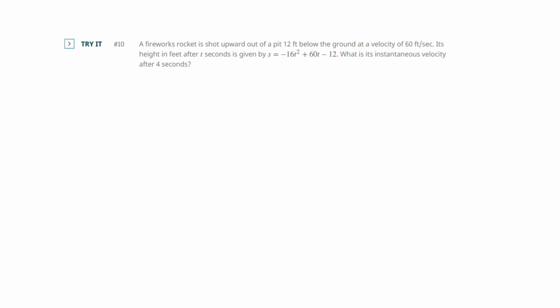Pause this if you want to try it on your own. But I'm going to go ahead and start, and I'm not going to do the definition. I'm going to do the fast version. So there's my derivative. Now we want to find it at 4 seconds. So I'm finding what happens when you put 4 in there. It's been a long day of videos, so I don't want to do any math in my head.